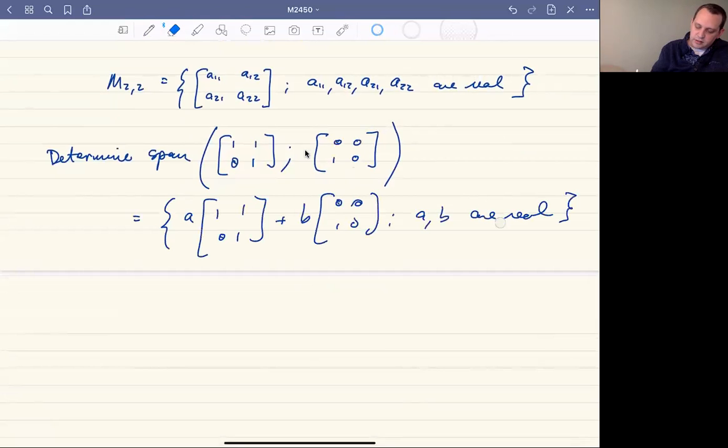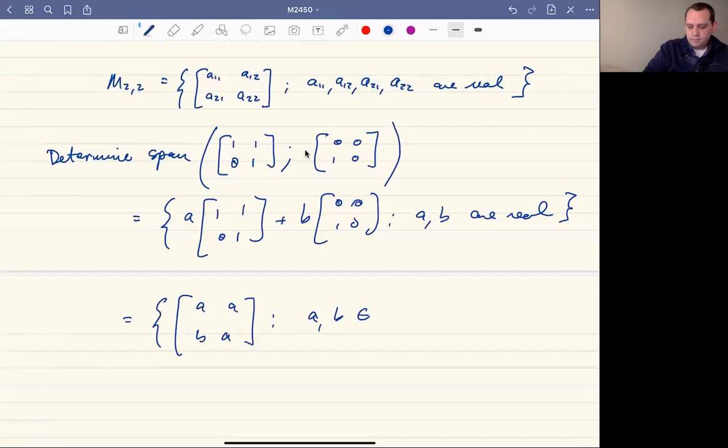Okay, so that's going to be what that is, and that's going to end up being the set of matrices of the form A, B, A, again, where A and B are real. It turns out that this is a subspace.